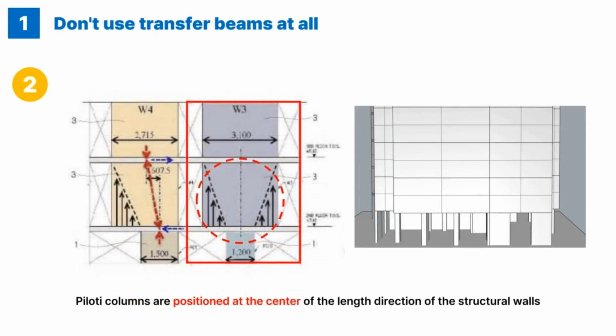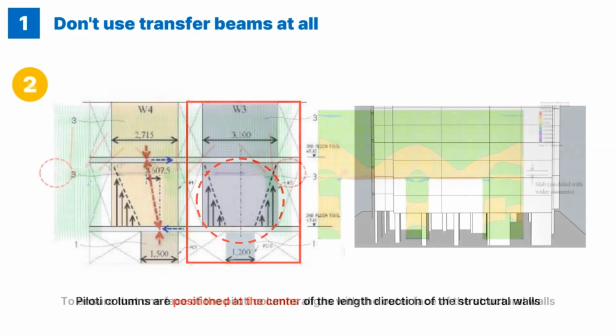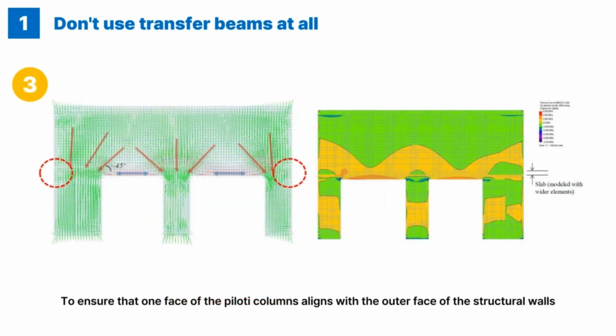Second, the pilotis columns are positioned at the center of the length direction of the structure walls to suppress eccentric load. Third, to ensure that one face of the pilotis columns aligns with the outer face of the structure walls, the pilotis columns are eccentrically positioned with respect to the center of the structure walls.